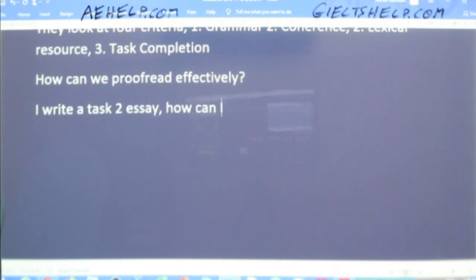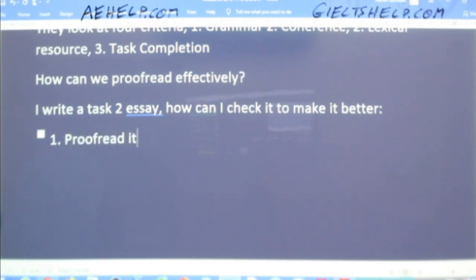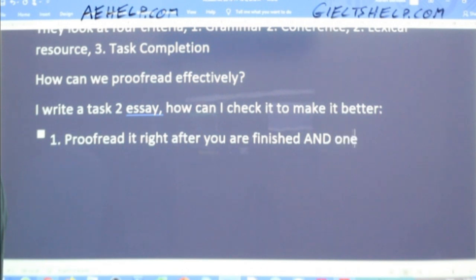How can I check it to make it better? Okay, there's definitely some good advice I can give you for that, Hassan. Okay, number 1, proofread it right after you are finished and 1 day later.